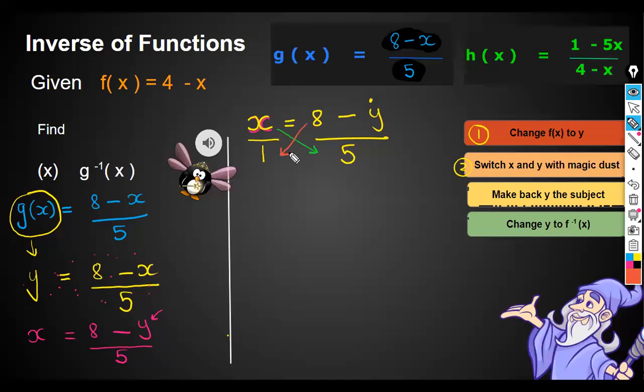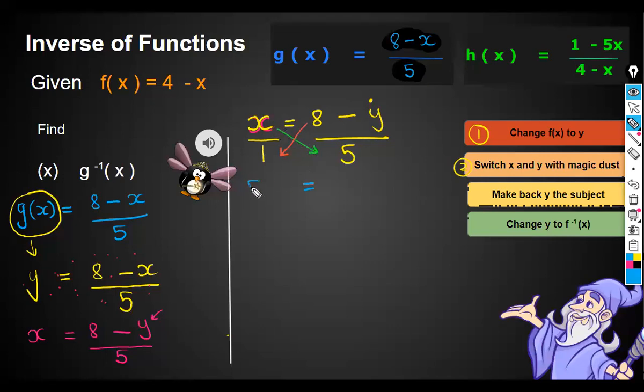We should do what? The green one first, right? Remember, I had advised last week that we should always do the one that has x first, right? It doesn't make it more correct or anything. It just makes life a little bit easier. So let's multiply the green diagonal first.